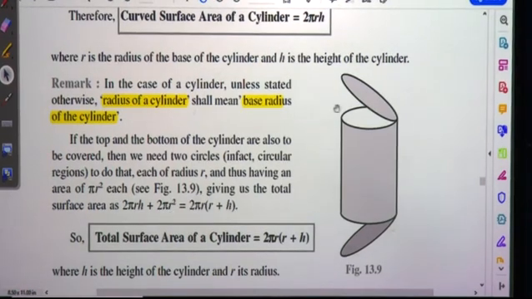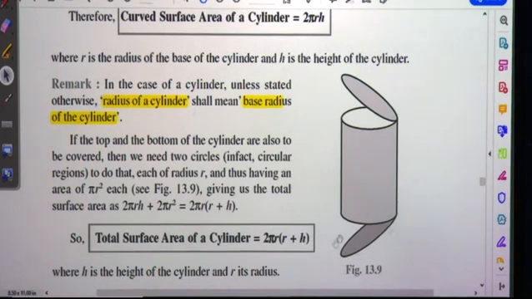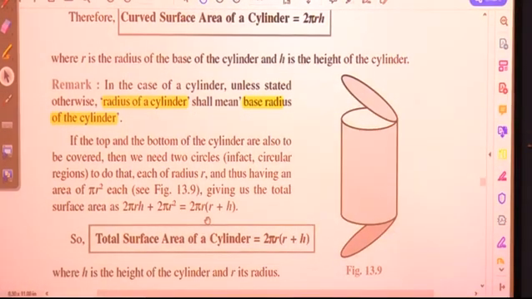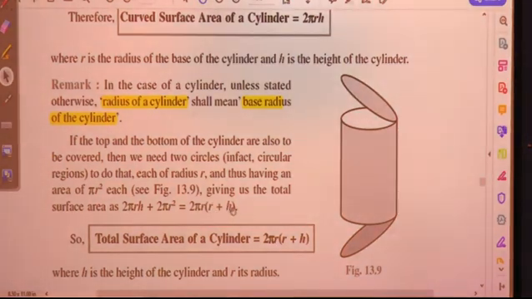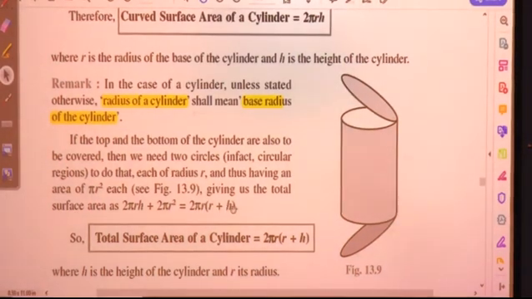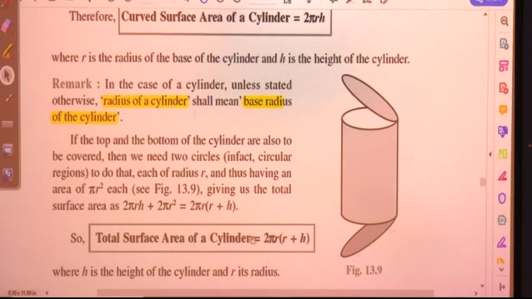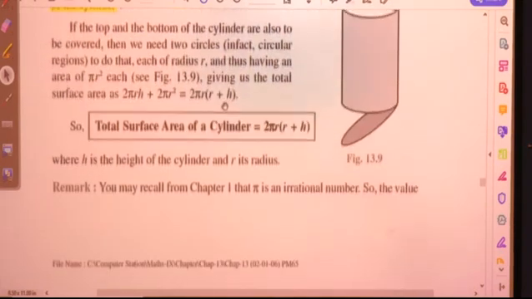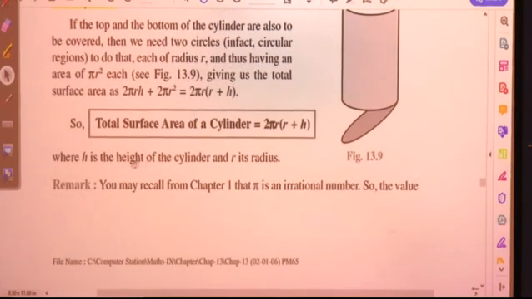Taking 2 pi r common, what remains inside the bracket is r plus h. Therefore, total surface area of a cylinder is 2 pi r (r plus h), where h is the height of the cylinder and r is its radius.